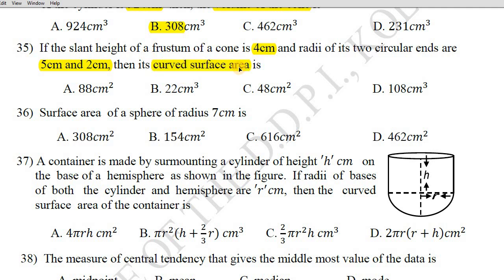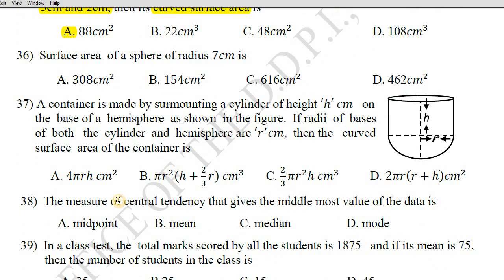The curved surface area formula for a frustum is pi into R1 plus R2 into L. Substitute the values of pi, R1, R2 and L. It gives the answer 88 centimeter square. Option A is correct. Next, question number 36, children.